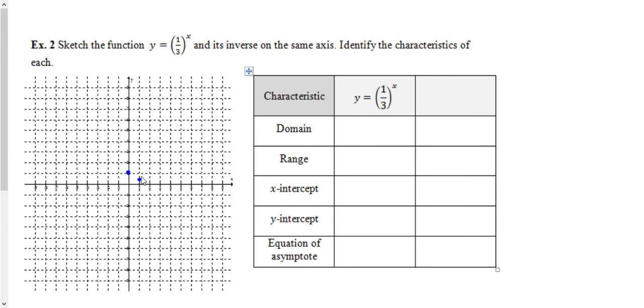At x = -1, and we'd get more decimals if we continue going this way, at -1, we're at 3. And at -2, I'm looking for 9, which is all the way up here. And there we go. I have enough coordinates to try my best to sketch this graph, so here we go.